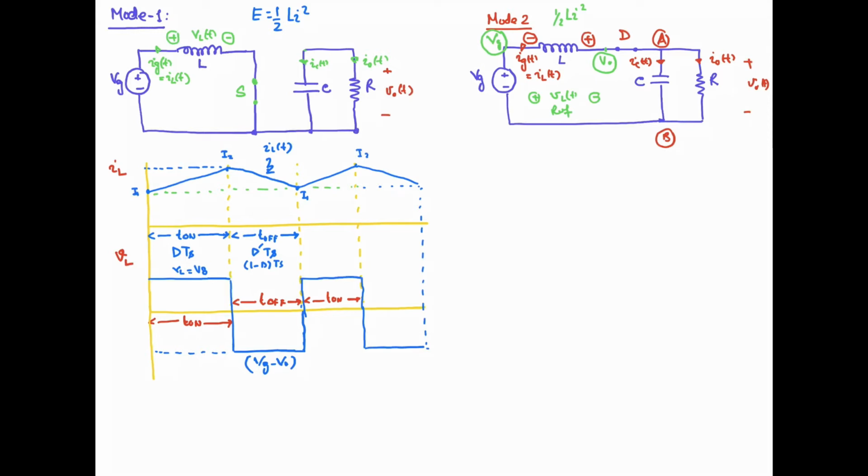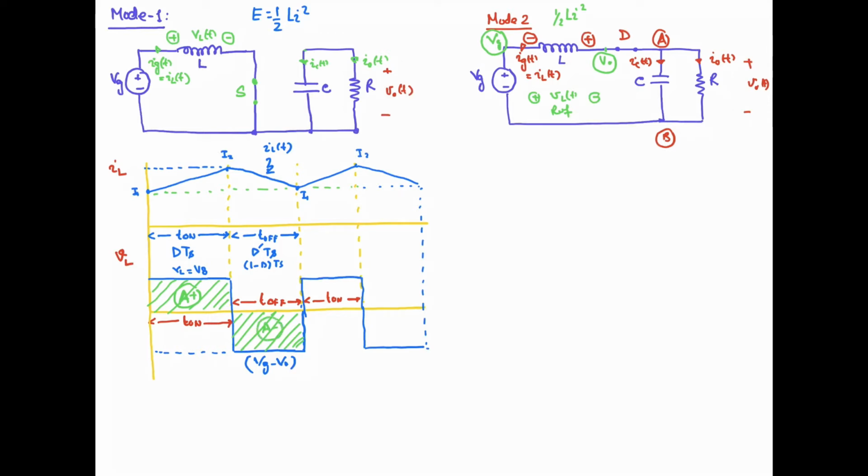Okay, now we know that the average voltage across the inductor should be 0 for its stable operation. So how can we find the average voltage across the inductor? We will have to look at this area. The net area covered by this inductor voltage waveform should be equal to 0. This one is the positive area, and this one is the negative area.